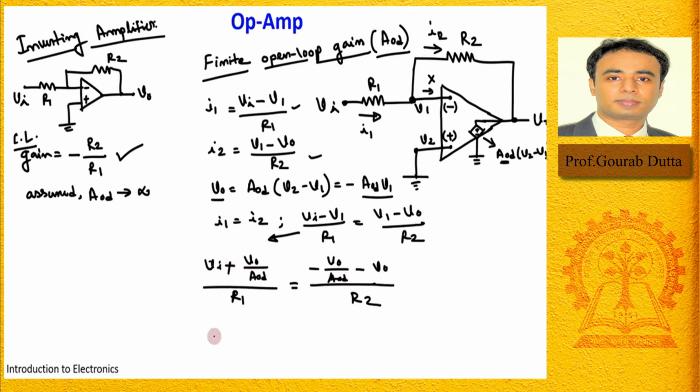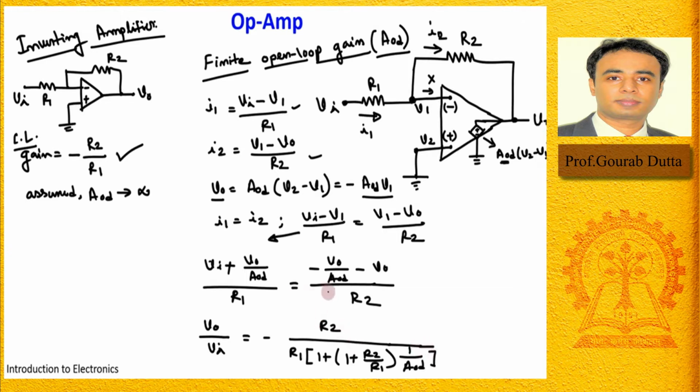right? If we do that, then what we will get is this V output by this V input. Okay, this will be equal to minus of R2 by R1 into 1 plus R2 by R1 into 1 by AOD.